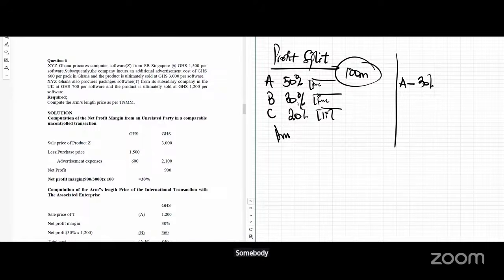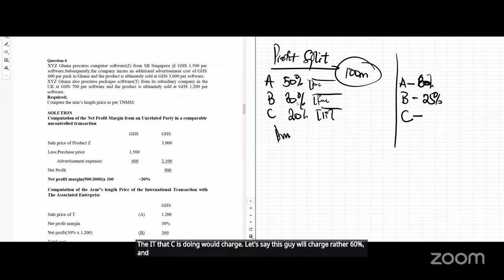Somebody who does the same thing as B will get maybe 25%. And somebody who does the IT that C is doing will charge, let's say, 60%, and this guy doing 25, the other guy will also do 15%. Do you get it?